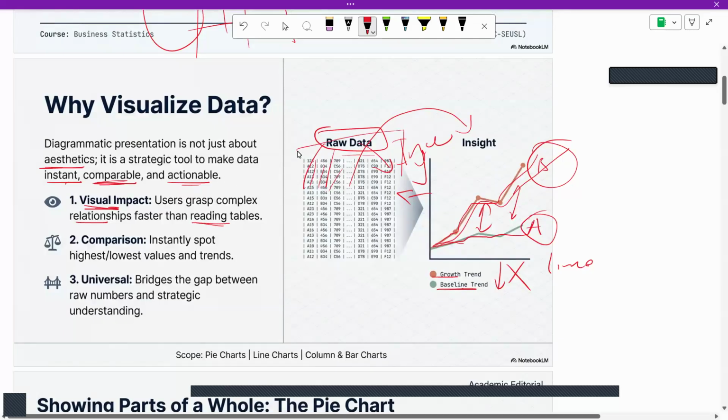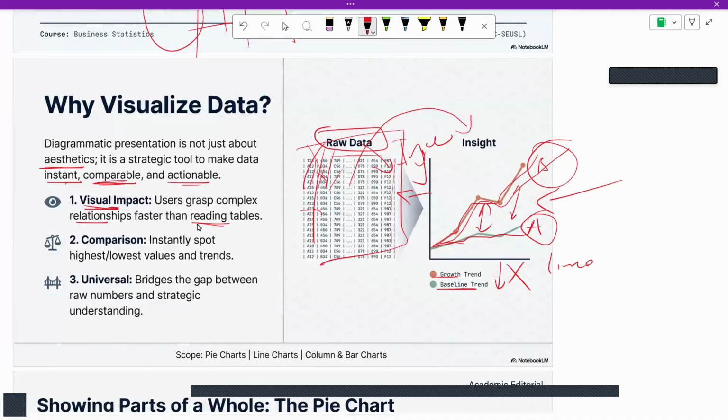If the data is presented like this, it's very hard to get the complex relationship. But when you look at this, it's very easy to grasp. Comparison: in row form and table form, it's very hard for comparison, and here it's very easy. Universal: it bridges the gap between raw numbers and strategic understanding.